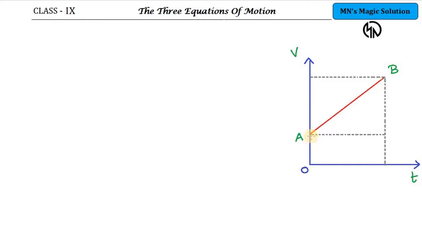So அந்த object பாத்தீங்கன்னா as per this diagram, initial velocity is over here. Imagine OA. OA என்ற இந்த length தான் அந்த object ஓட initial velocity.